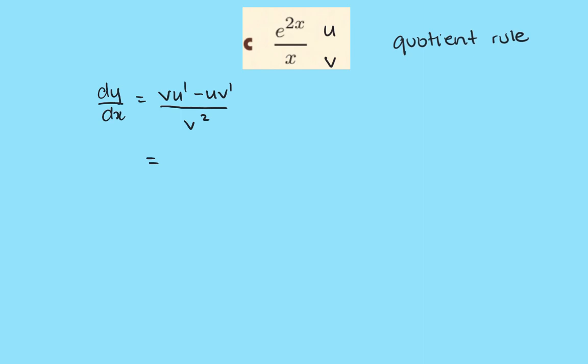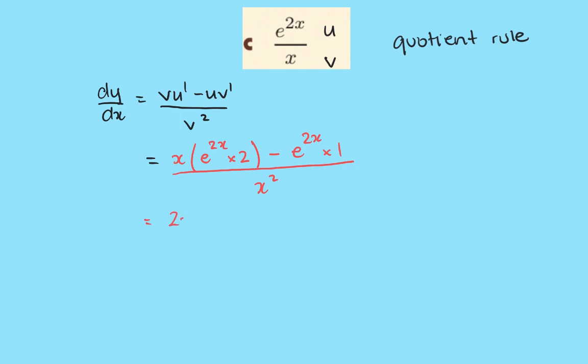So v, which is x, u dash, so we keep the whole fraction, e to the 2x, multiply by the derivative of the 2x, which is 2, minus u, e to the 2x, multiplied by the derivative of the x, which is 1, all over v squared, which is x squared.